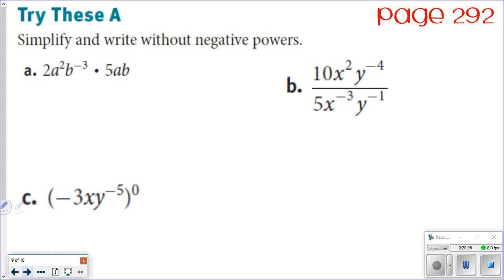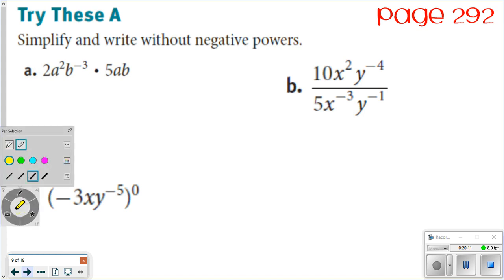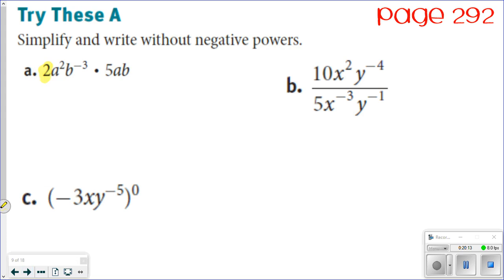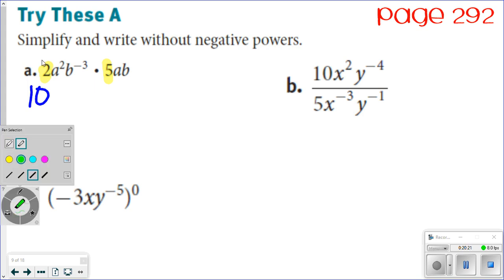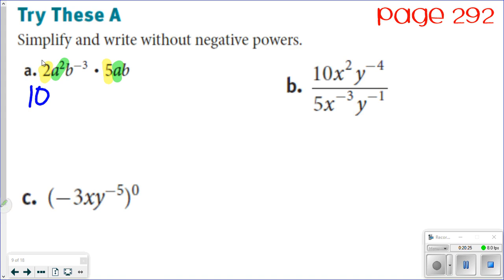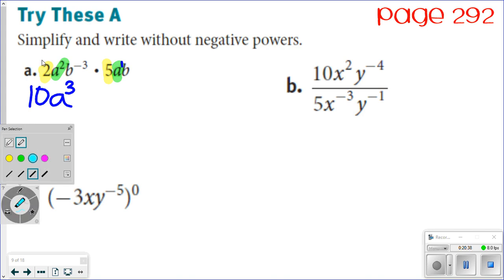So remember, for a multiplication problem, we're going to do 2 times 5, and we get 10. Okay, then my next base that I see is a squared times a. When we're multiplying, remember we keep the base, add the exponent. So 2 plus 1 is 3. And then I'm going to look at the b.